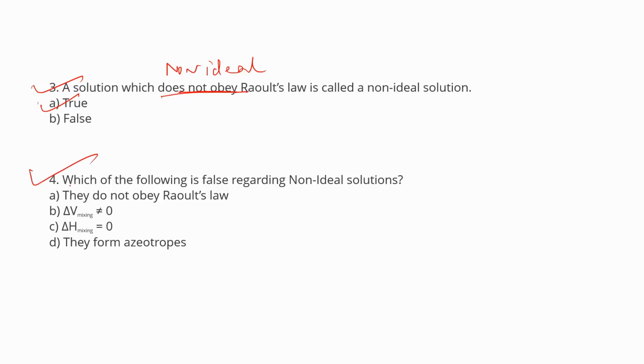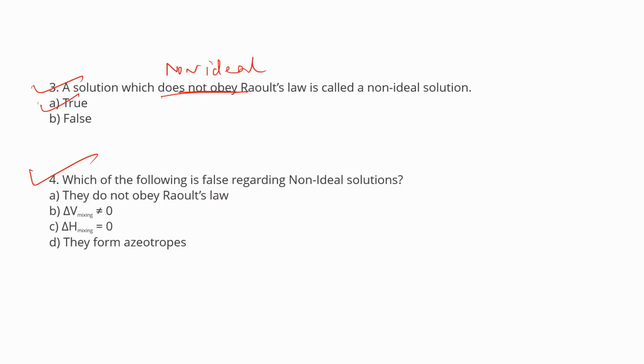Now MCQ 4, which of the following is false regarding the non-ideal solution? We know that for the ideal solution there are several conditions, and the opposite will be true for the non-ideal solution. So what will be the correct answer?